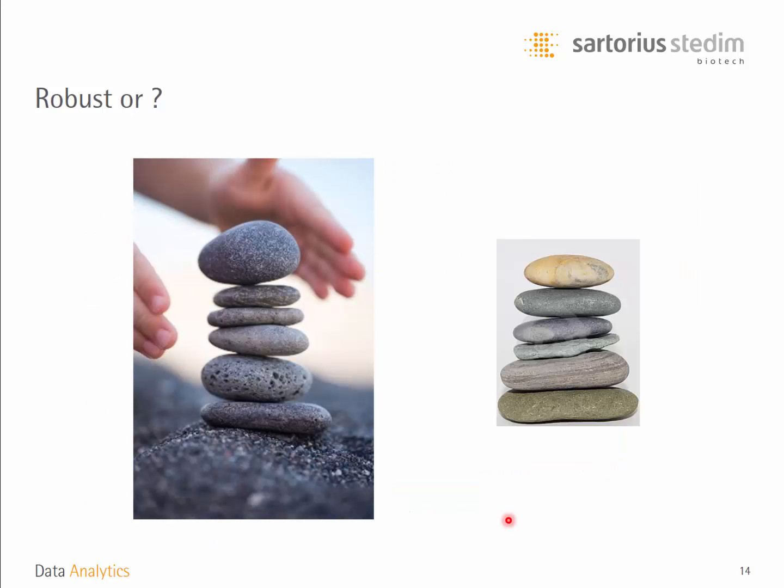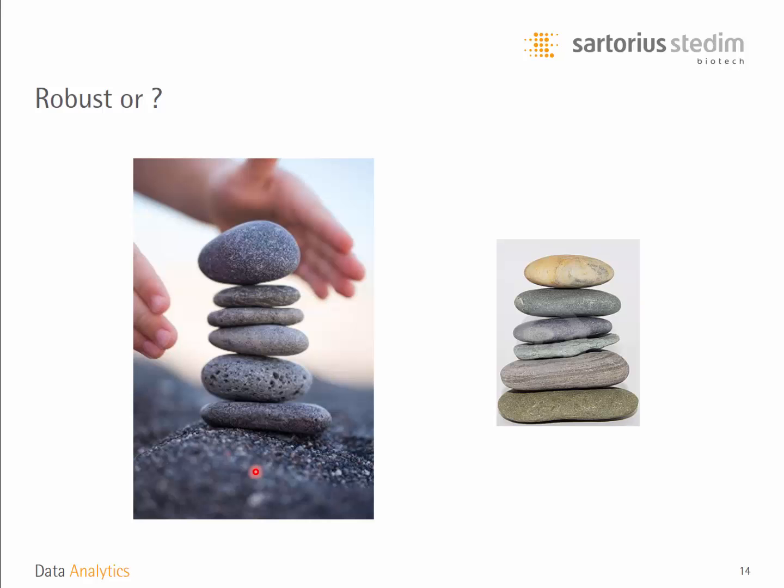So what we're trying to say is that there is a difference between a mathematically optimal point and a robust point. A mathematically optimal point in a contour plot you could conceive as a pile of stones that is maximally high, maximally large, but it need not be optimally stable.